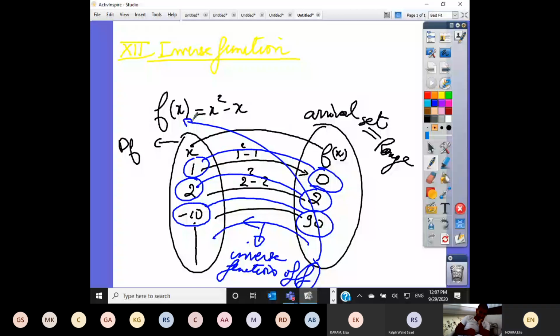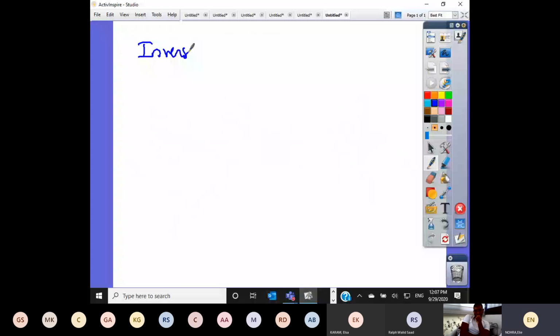Okay? Now, this inverse function definition.